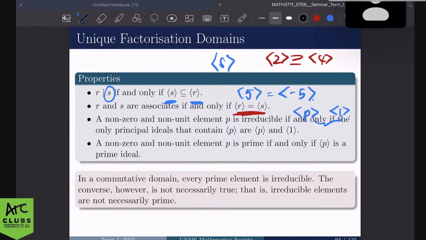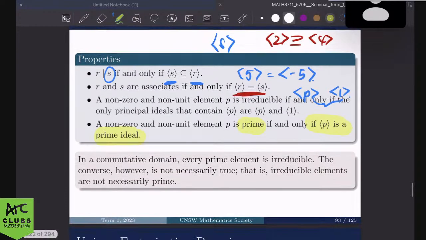So that's that one-to-one relationship between primeness and prime ideals. And it can be shown in a commutative domain that every prime element is irreducible. So if you've got a prime element, it must therefore be irreducible. But it's not always true that an irreducible element is prime. Okay.